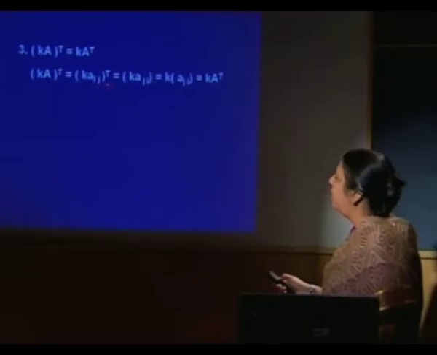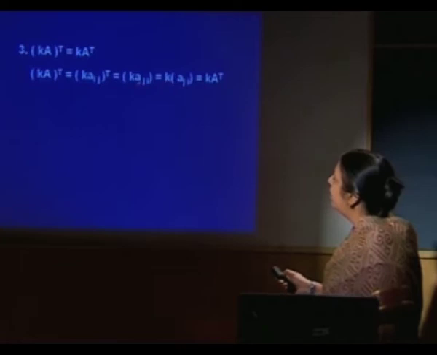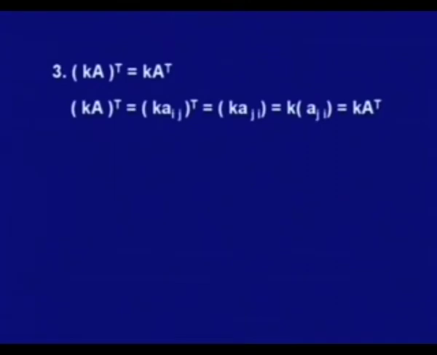Then the transpose of K Aij is equal to, K is a scalar, so nothing will happen to it, but Aij will become Aji as we take the transpose, and this can also be written as K multiplied by Aji. I am taking K outside because it is common for all the elements. So finally what we have is K times A transpose.